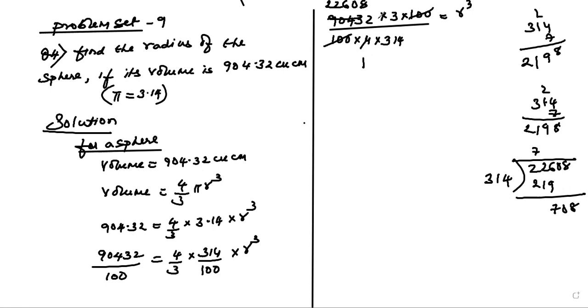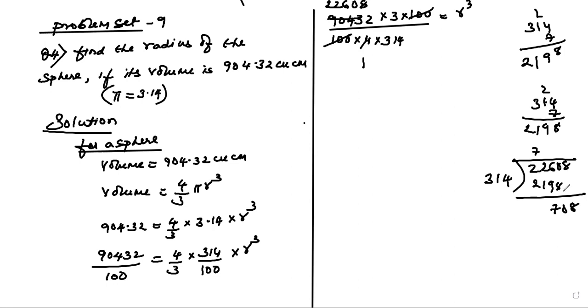Now what happens when you try to cancel this out? 22608 divided by 314, what will happen? 7 fours are 28, 7 is 7, 9, 7 threes are 21, 2198.